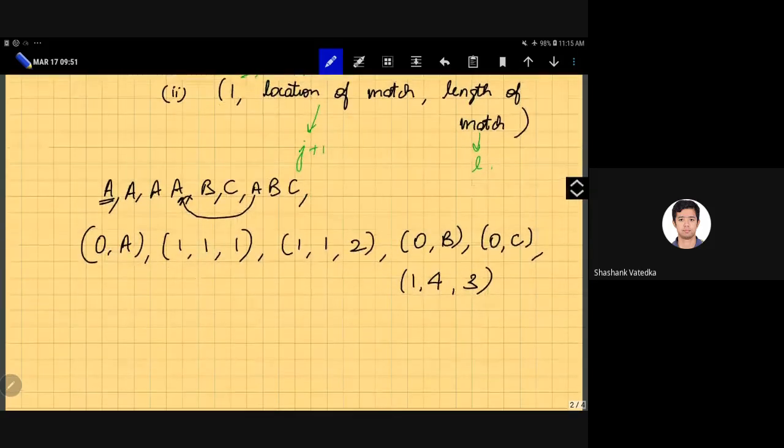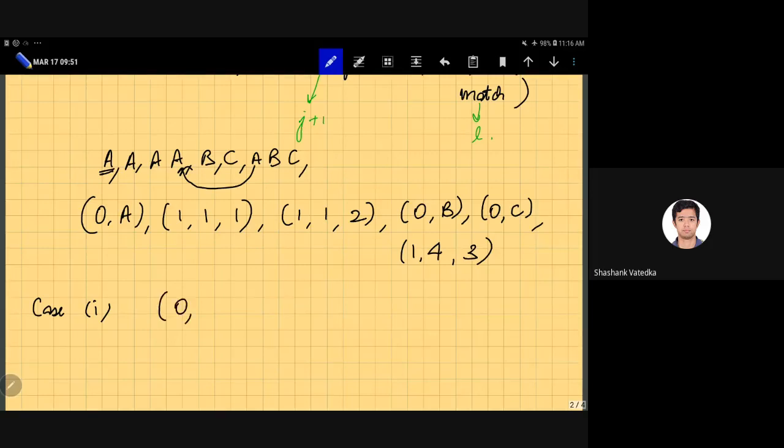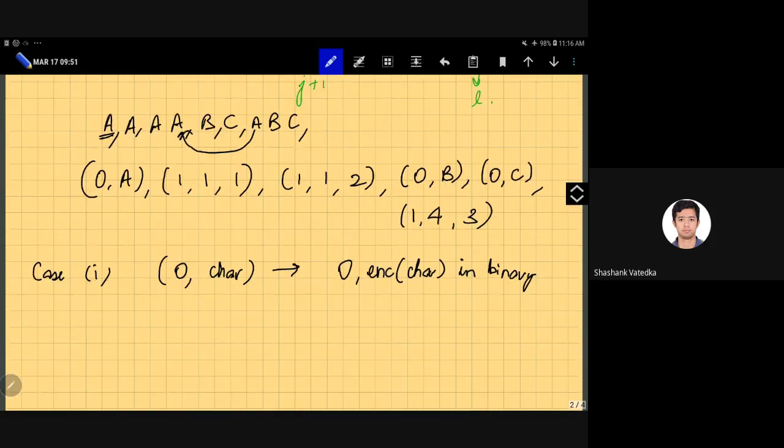Now let us look at the first case. All right, case 1, where it is bit 0 followed by a character. So how many bits are required in this case? So basically you would store 0 followed by the encoding of the character in binary. So how many bits would this require?